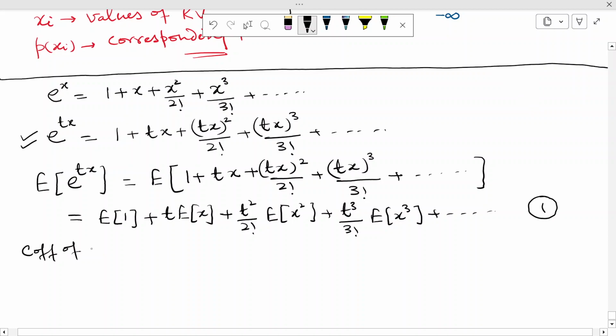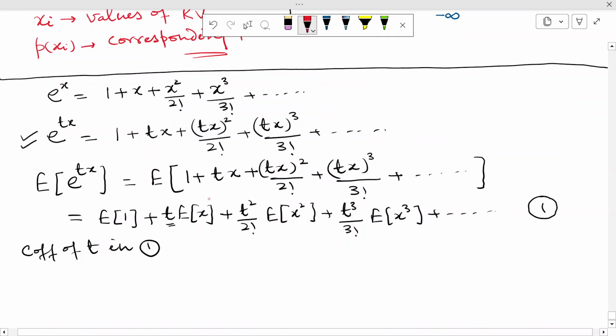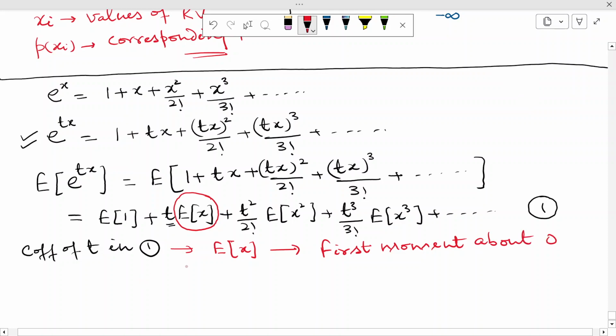If you look at expression 1, the coefficient of t is the expectation of x, which is our first moment about 0, or the origin.